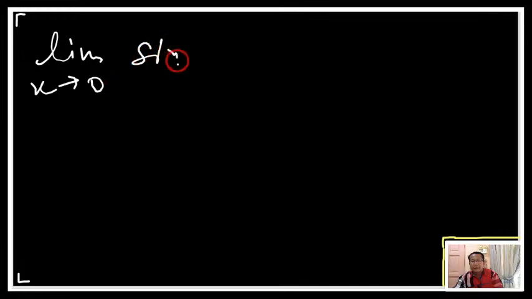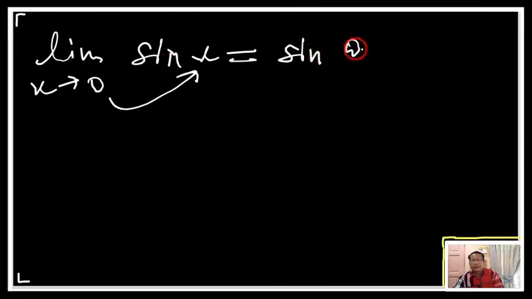Okay. Limit for trigonometric function. The same thing: x approaches 0, sin x equal to, just substitute into x. So this one is sin 0. Sin 0 is 0. Remember, for calculus, the unit is always radian.